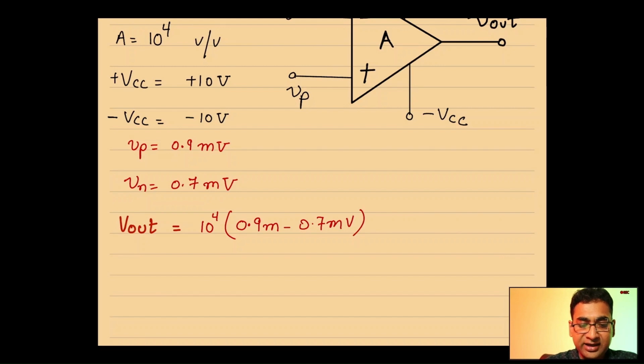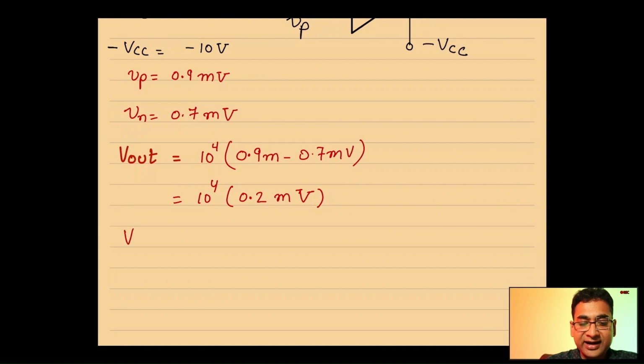So that's going to be 10 to the 4 times 0.2 millivolts. You multiply that, you get a value of V output equal to 2 volts.